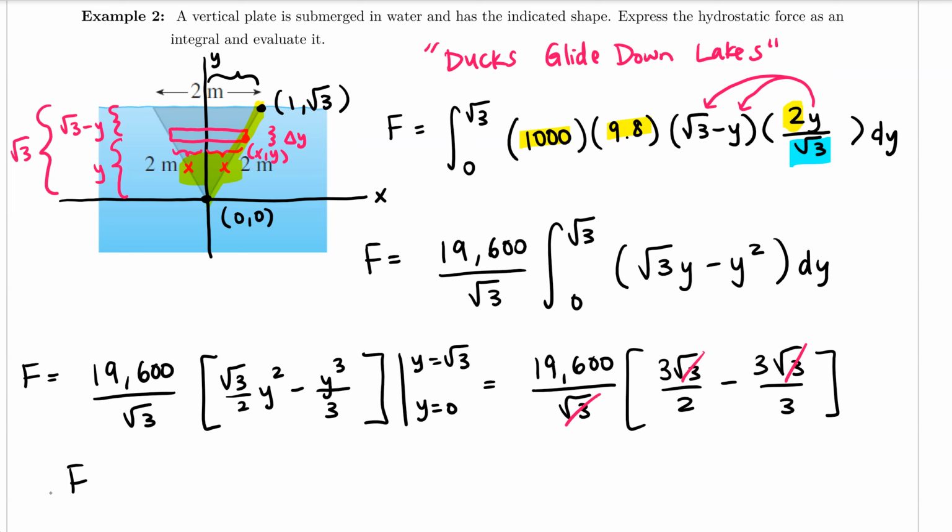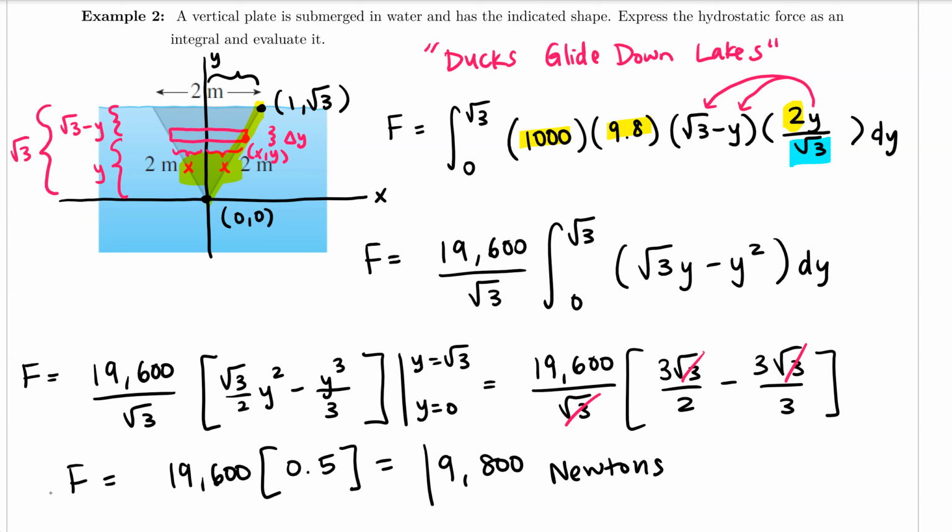And so that's going to give us force is equal to 19,600 times 3 halves minus 1, which is 1 half. And if I cut that in half, that is going to be 9,800. And because we're in the metric system, this is being measured in newtons. So there we go. That completes this example.